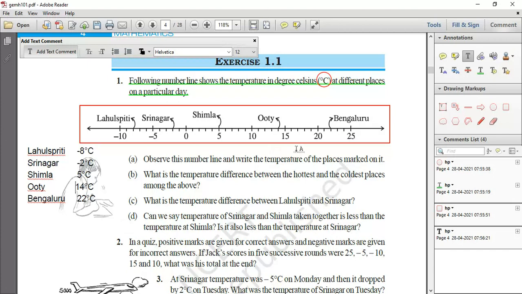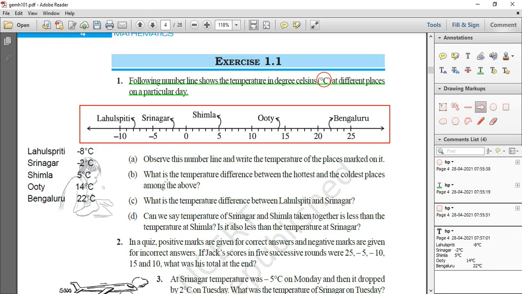So this is the answer of question number 1A.